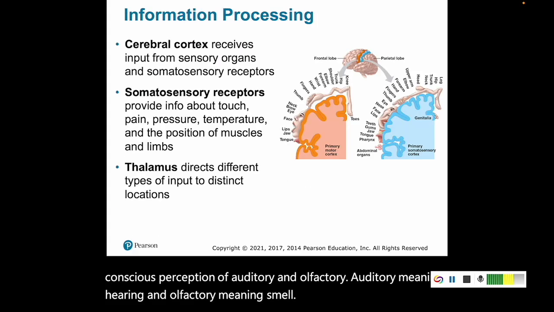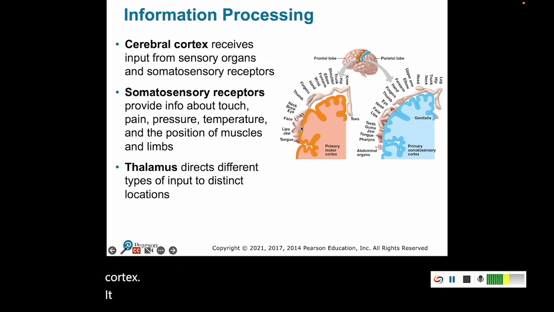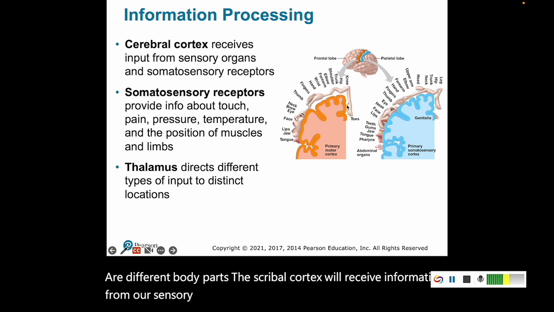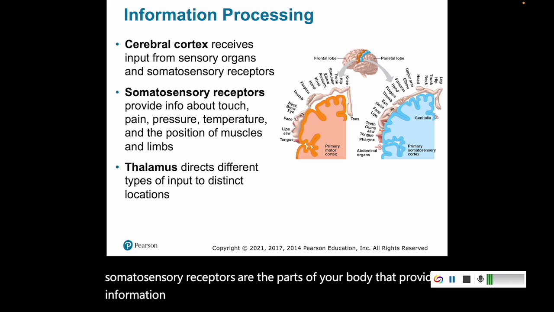If we're looking at how information is processed in our cerebral cortex, it is divided into our different body parts. The cerebral cortex will receive information from our sensory organs and our somatosensory receptors. So somatosensory receptors are the parts of your body that provide information about touch, pain, pressure, temperature, position of muscles and limbs.